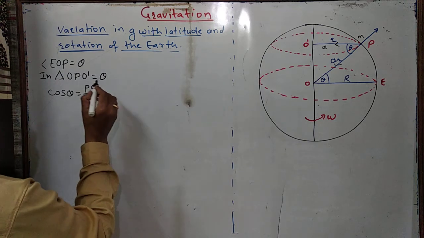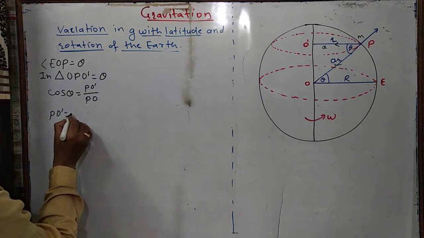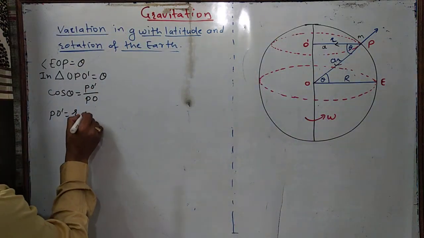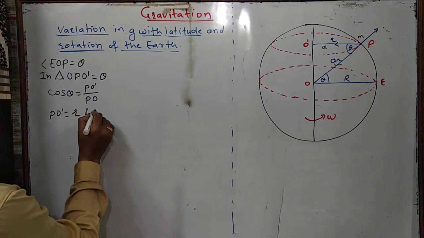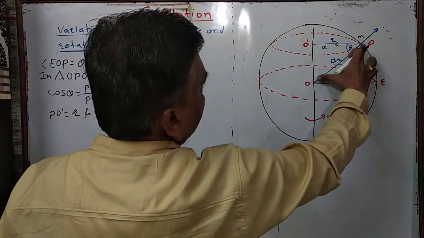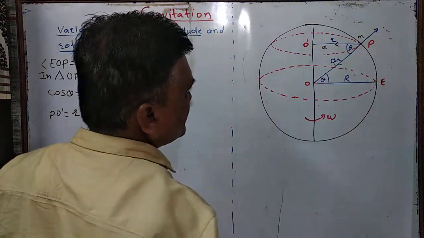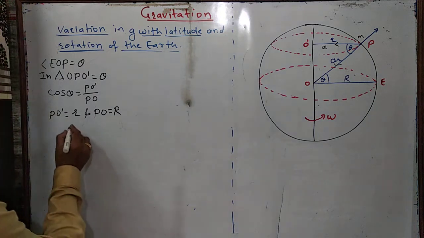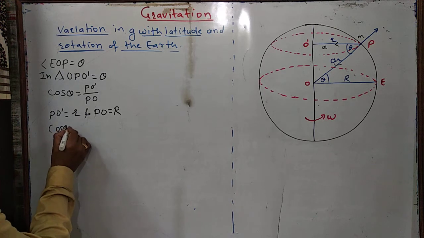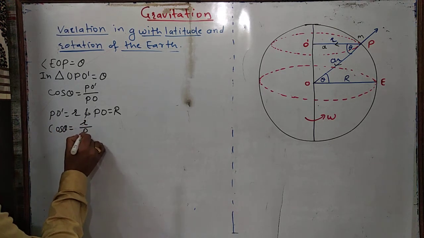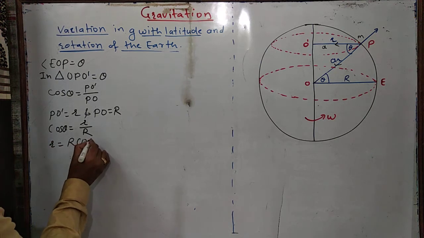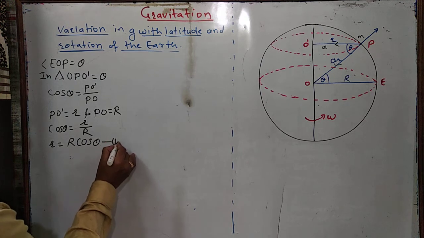Here PO dash equals small r, the radius of the circle, and PO equals capital R, the radius of the Earth. So cos theta equals small r upon capital R. Therefore, small r equals R cos theta, equation 1.